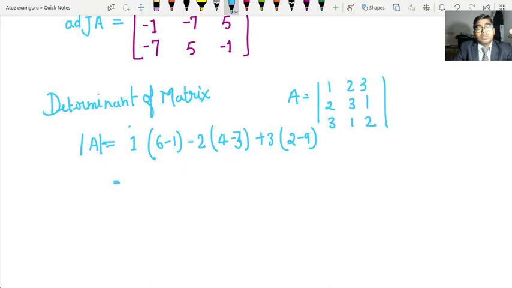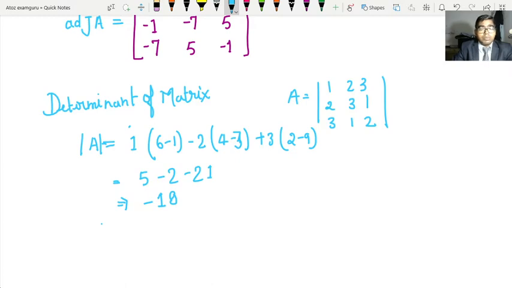You will get 5, then minus 1, and 3 times minus 7 is minus 21. So simply 3 minus 21 gives minus 18, right friends? The determinant is minus 18.